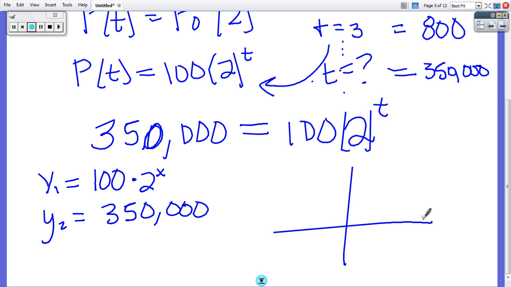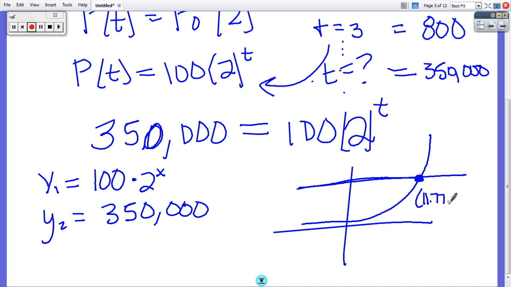Click graph, and you're going to get something that looks like this. This is our y2, this is our 350,000 line. This is our exponential function line. Where those two graphs are equal, or their intersection, is going to be your answer. And where those two graphs actually intersect is going to be 11.77, comma, 350,000.